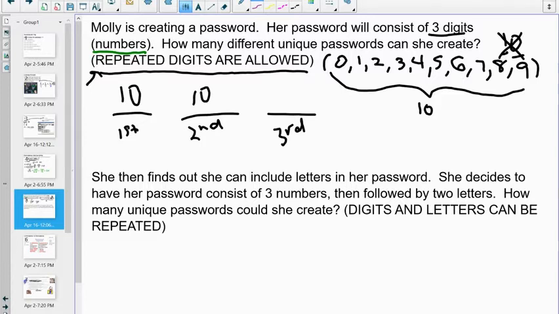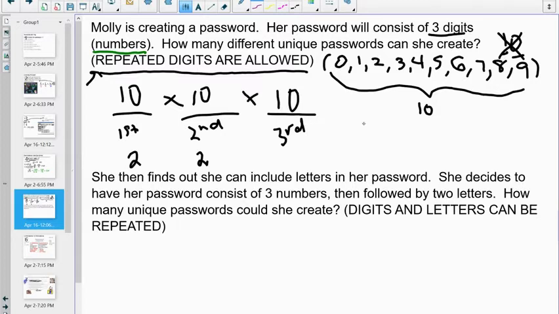So you can pick 2 for your first digit, but then you can also pick 2 for your second digit. If you pick 2 for your first digit, that does not mean you can't pick 2 again. And then that means that there's also 10 for your third digit.